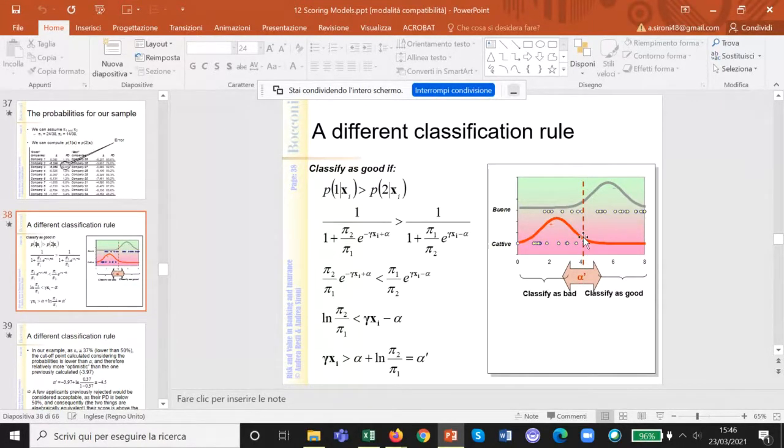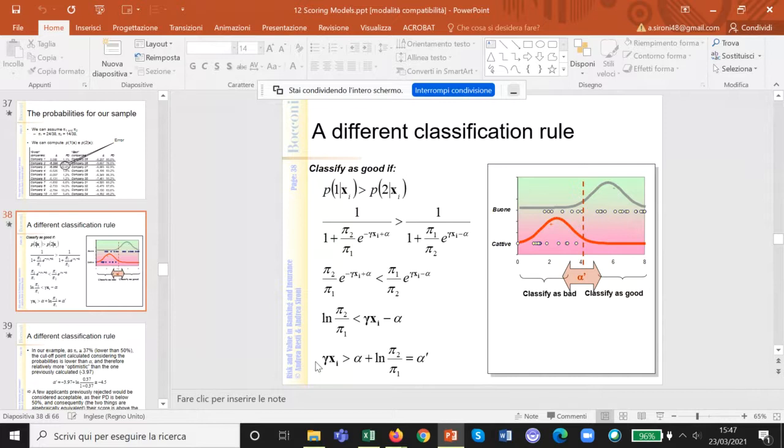One alternative criterion could be to classify a company as good or bad depending on whether the probability of belonging to the good companies is larger than that of belonging to the bad companies. So rather than classifying as good any company whose score is larger than this cutoff point threshold, we classify it as good if the probability of belonging to the good companies is higher than the one of belonging to the bad companies.